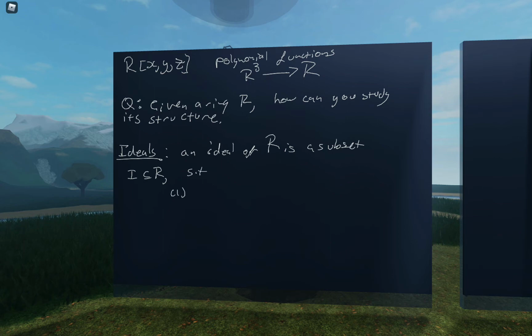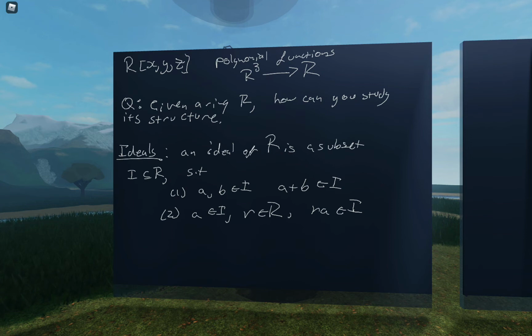The first one is that if you have two elements in I, then adding them together should also be in I. And the second one is that if you take any element in I and then any element, not just of I, but of the whole ring, if you multiply them together, that should keep you in I.